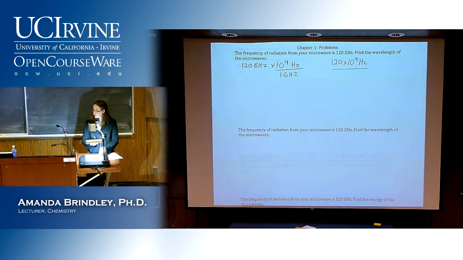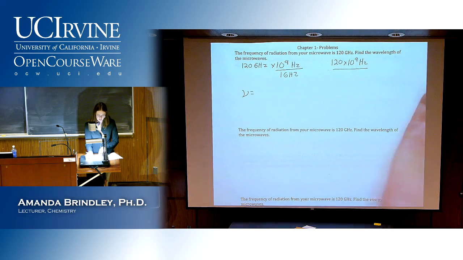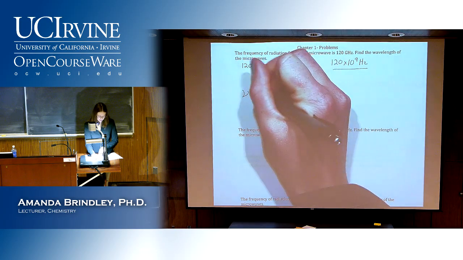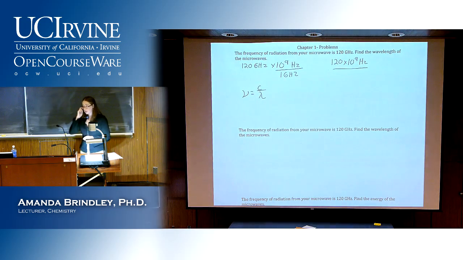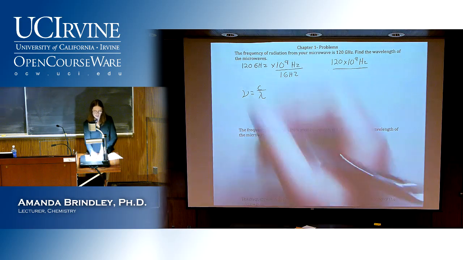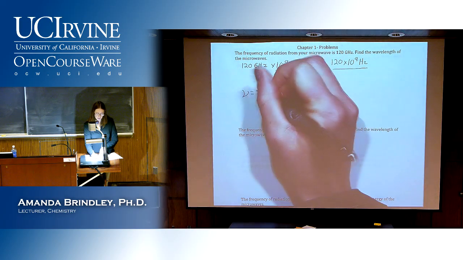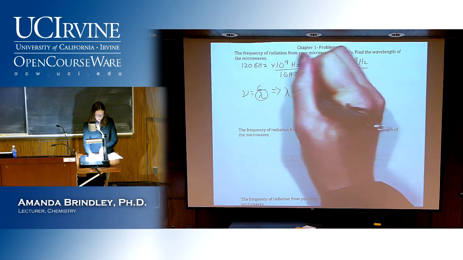So now we look at our equation and we say, well, how do we solve for wavelength? So that was the version of the equation I gave you. You'll have to look at your equation sheets to see what I give you on the exam. But either way, we just need to solve for lambda. So however the equation is written, we're going to solve for that.